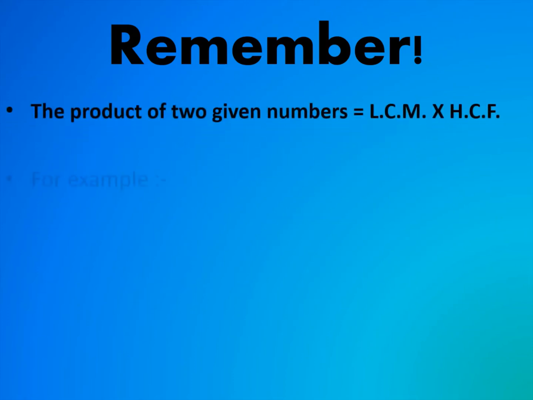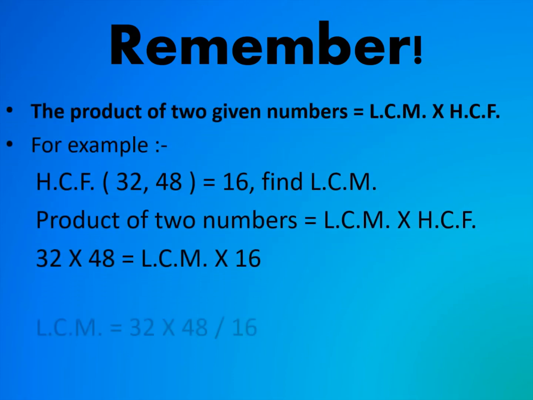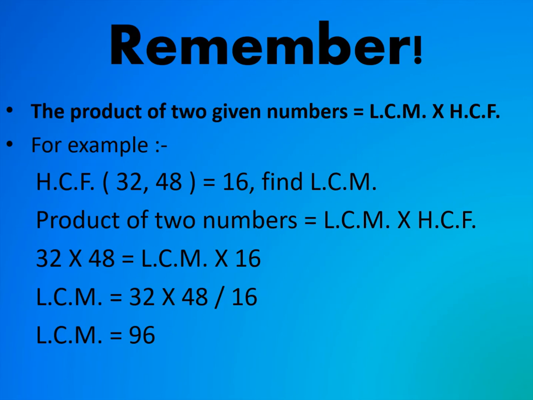Always remember, the product of two given numbers is equal to the product of LCM and HCF. For example, we are given that HCF of 32 and 48 is 16 and we have to find LCM.